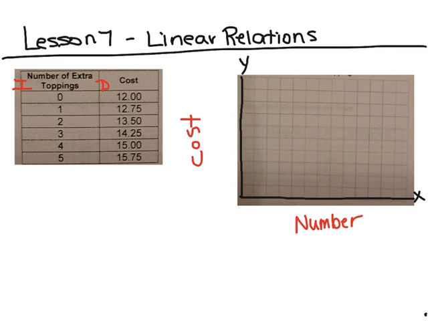So our 0 extra toppings is $12. So let's go, every 2 spaces is a 1 on the bottom. So 1, 2, 3, 4, 5, 6. And up on the top, let's take a little bit out of the graph and make every one worth 50 cents.